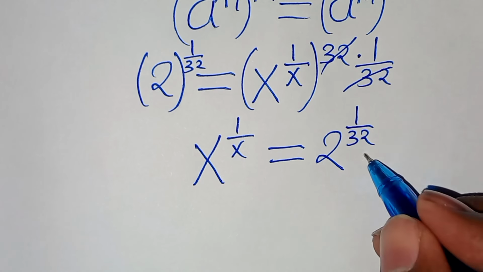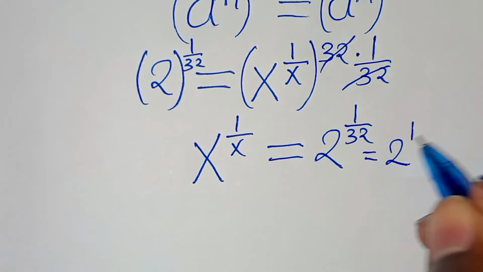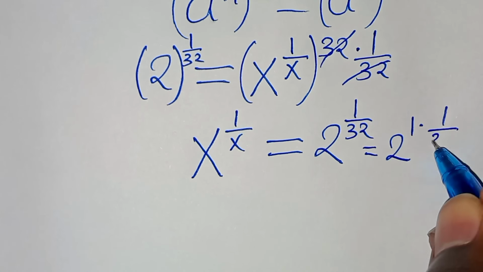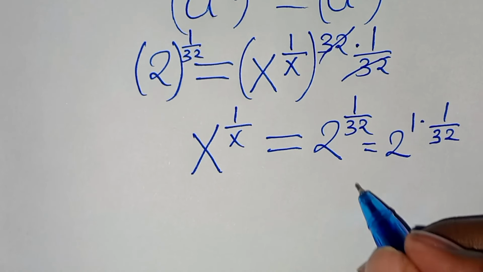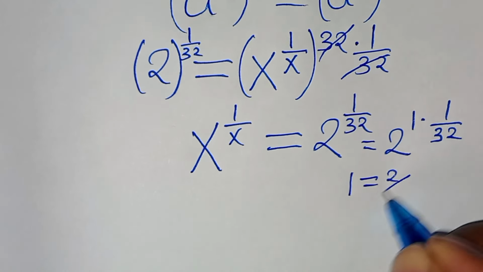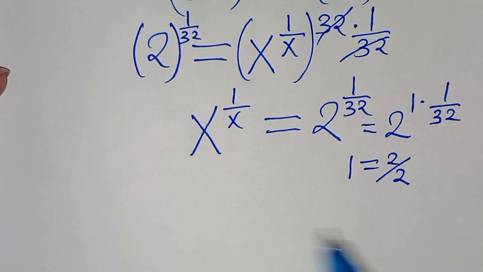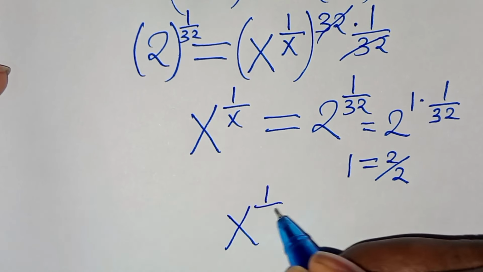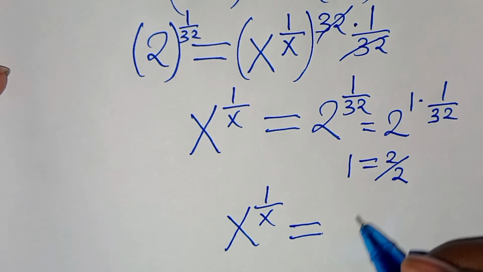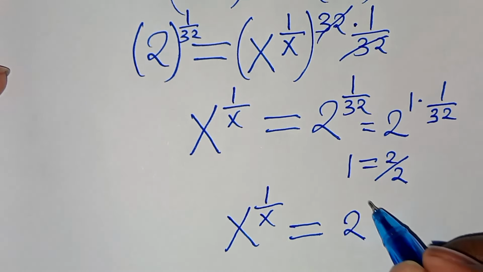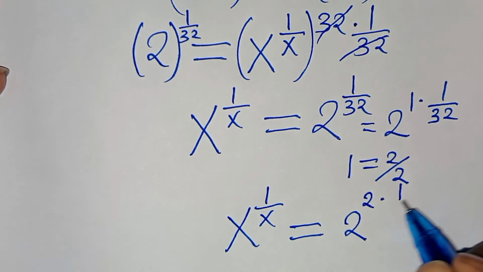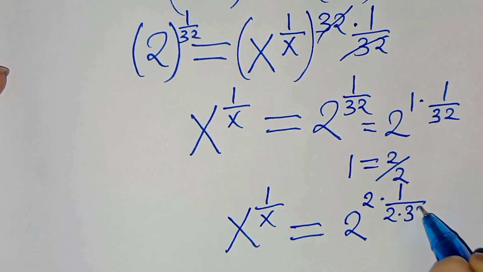This is the same thing as 2 to the power of 1 multiplied by 1 over 32. We can express 1 as 2 over 2. So we have x to the power of 1 over x equal to 2 to the power of 2 multiplied by 1 over 2 times 32.